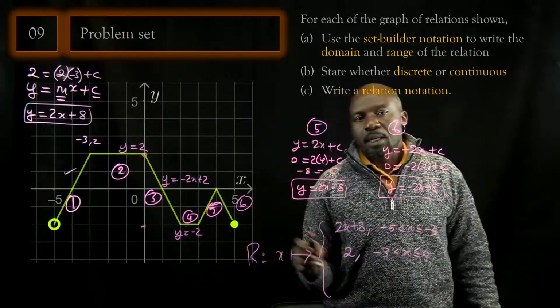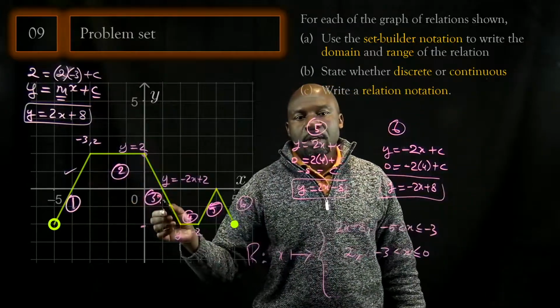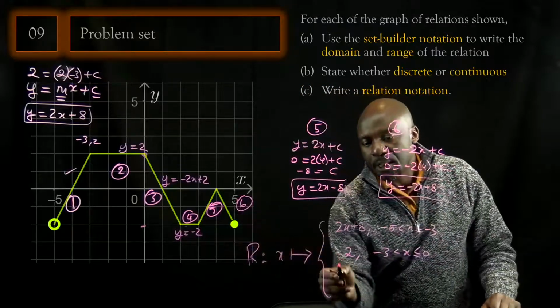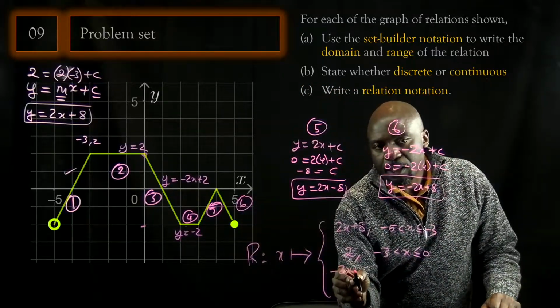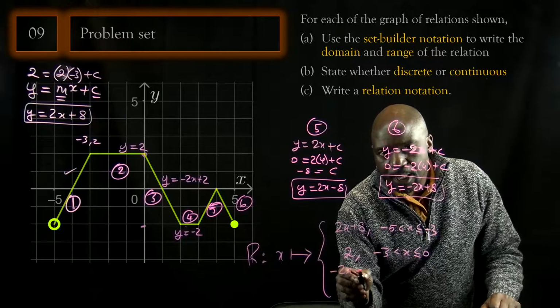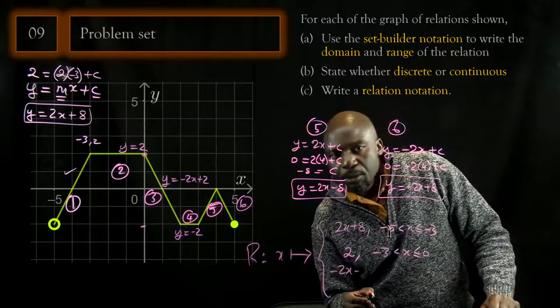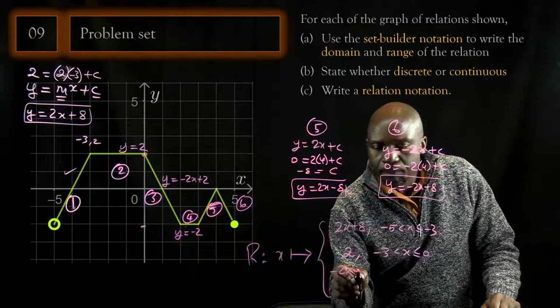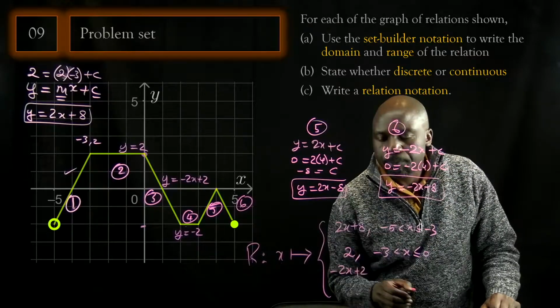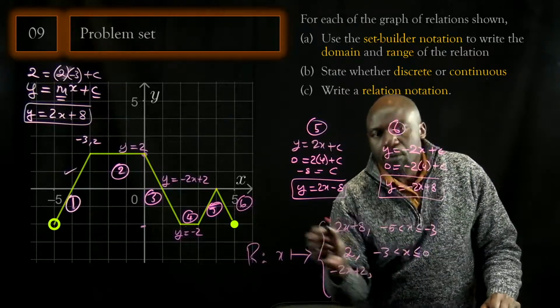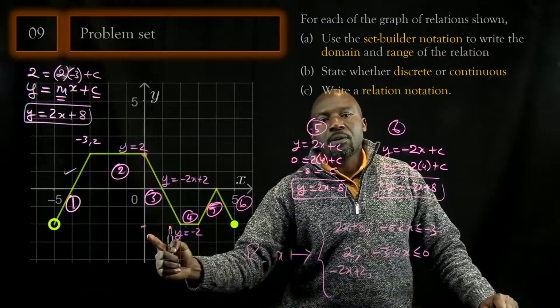And then the next one, after this one, line 2, we go to line 3, whose equation is minus 2x plus 2, I think. And that is true for between 0 and 2.